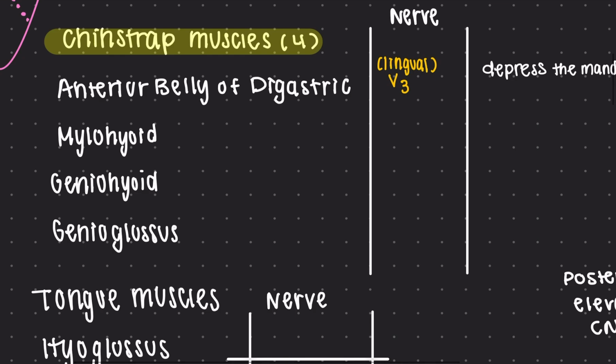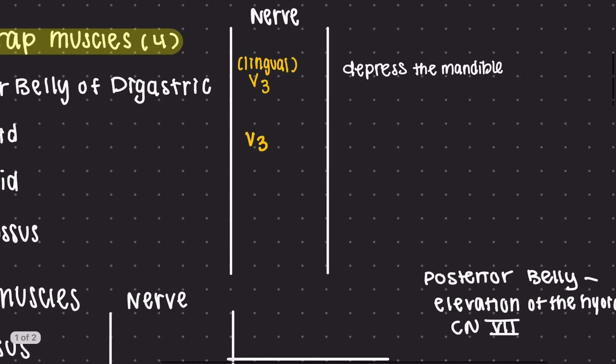Okay, but back to the chin strap muscles. Then you have the mylohyoid, and the mylohyoid is also innervated by cranial nerve V3, or 5-3, the mandibular branch of cranial nerve 5. And the mylohyoid both depresses the mandible plus elevates the hyoid.